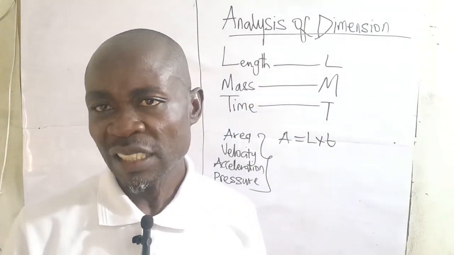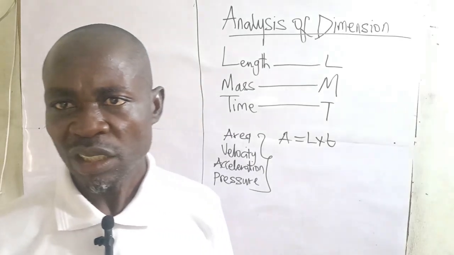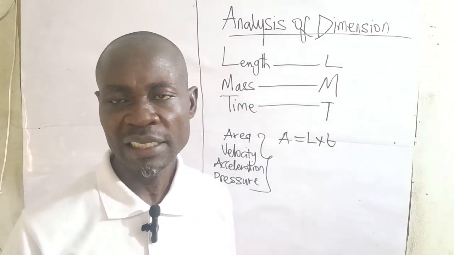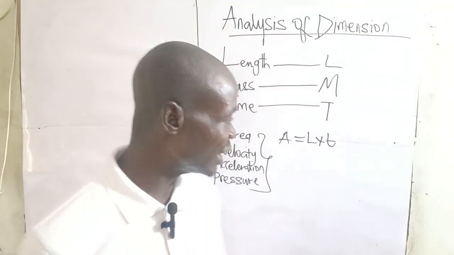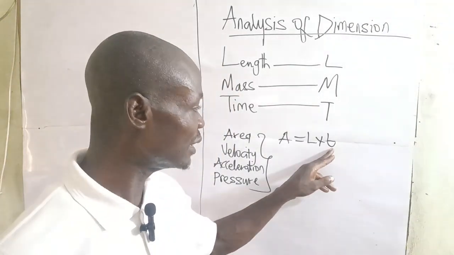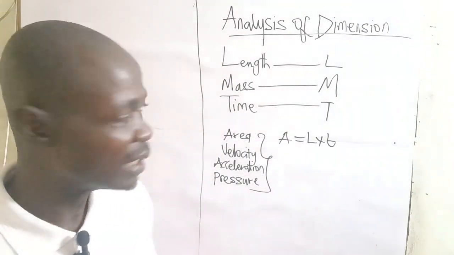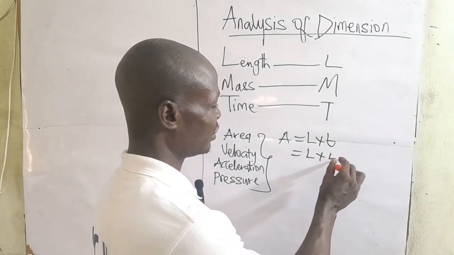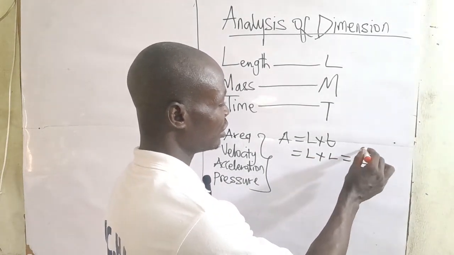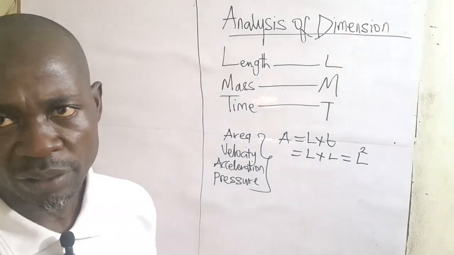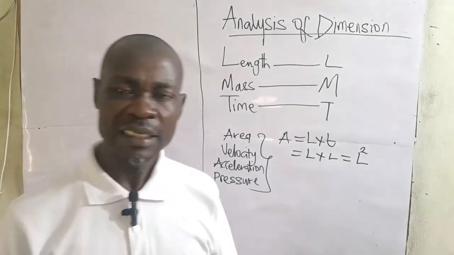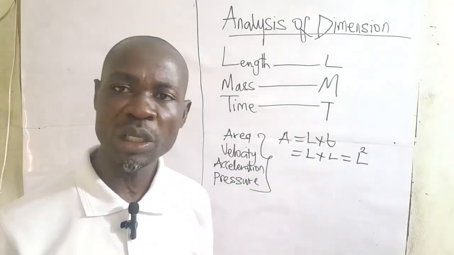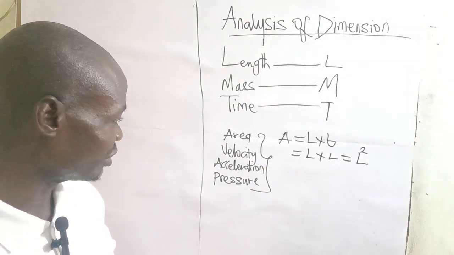It is just a description of the difference between a longer length and a shorter length. So the breadth is actually another length. Representing that, we have L multiplied by L, and that gives us L raised to power 2, or L squared. That is the analysis of dimension. So area is given as L squared as the dimension.